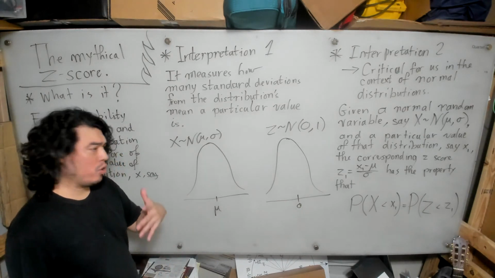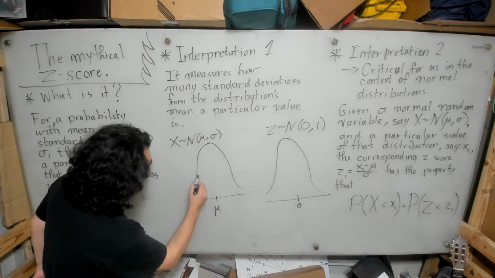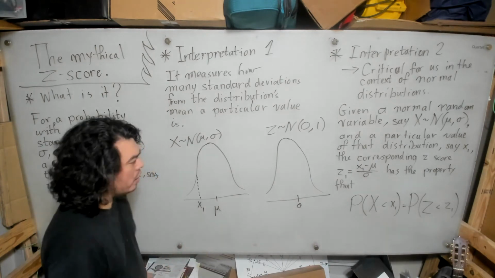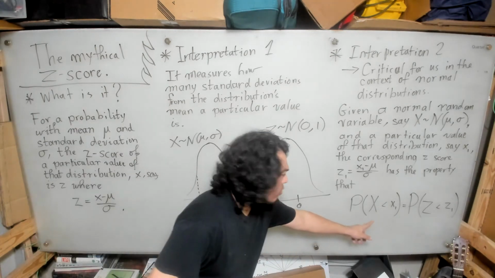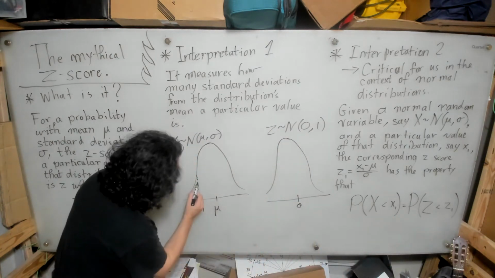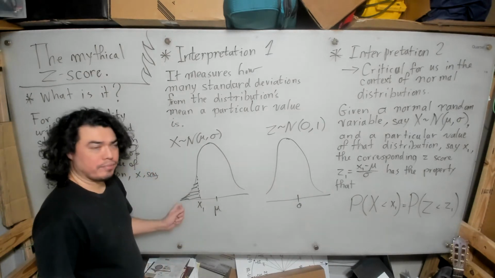Now, to make concrete what I'm saying over there, for any value of x1 I choose, let's say I pick x1 here, then the probability that the random variable x is less than that x1 corresponds to the area to the left of x1. So namely this shaded area.